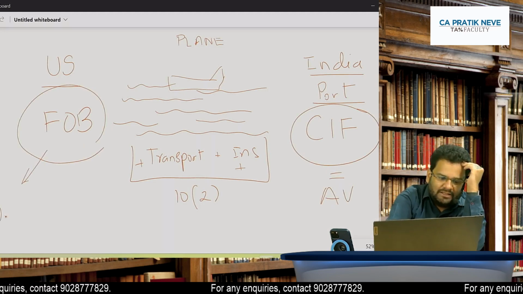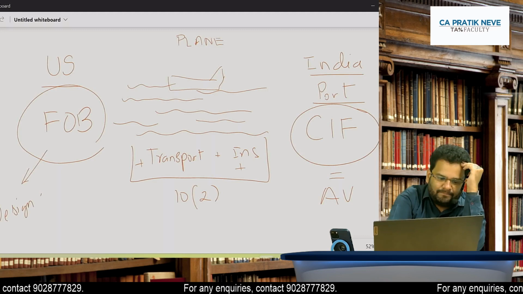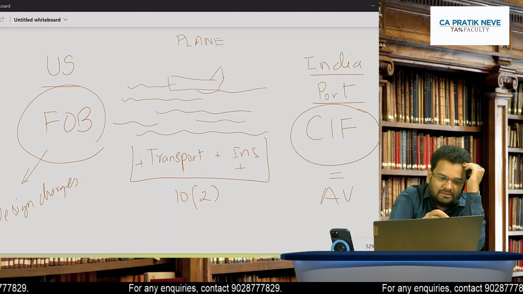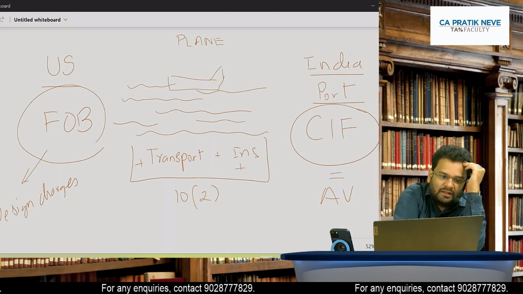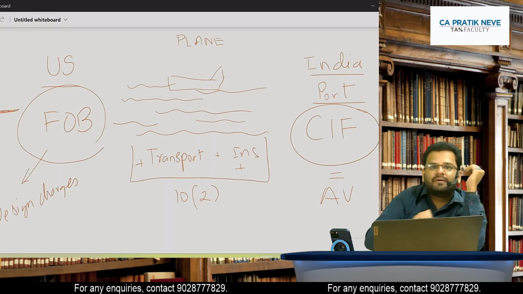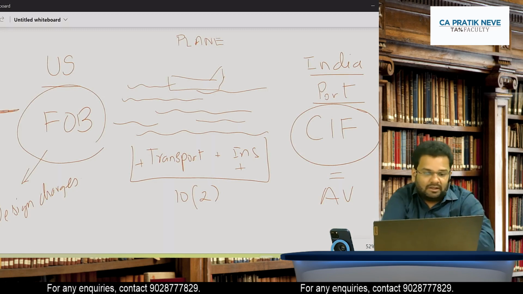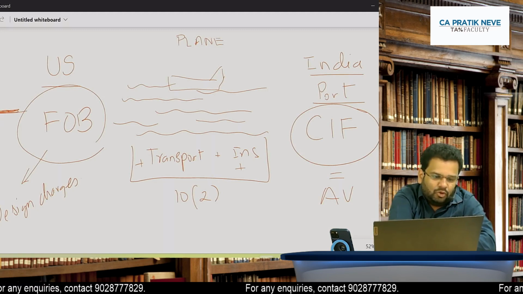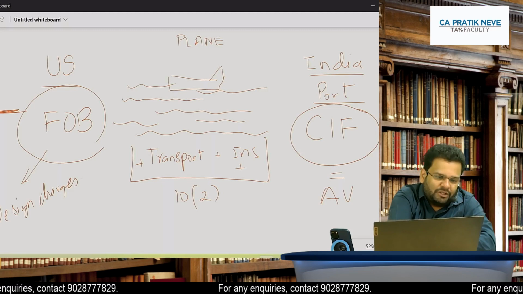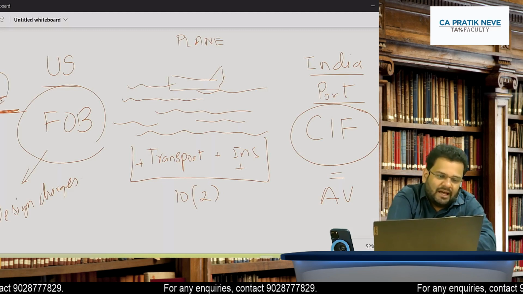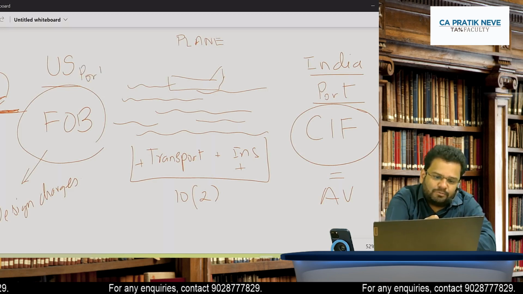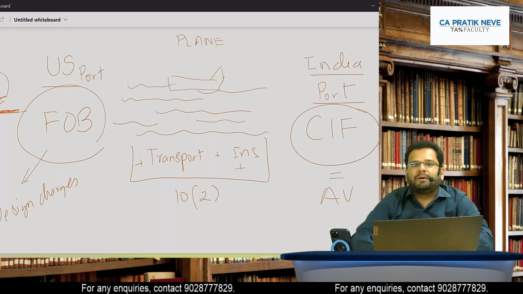So any design charges or any amount incurred till the goods reach here, that should be added to get FOB. So that transport and insurance has occurred here. If transport and insurance has occurred before goods reach the US port, then of course they will form part of FOB.